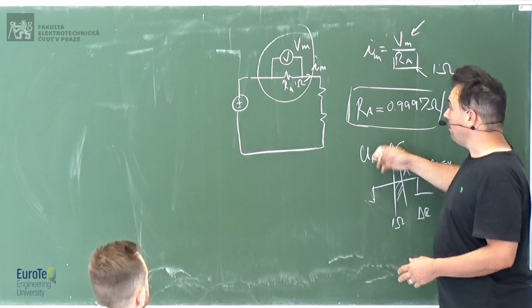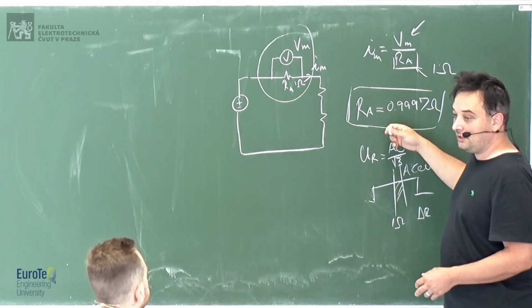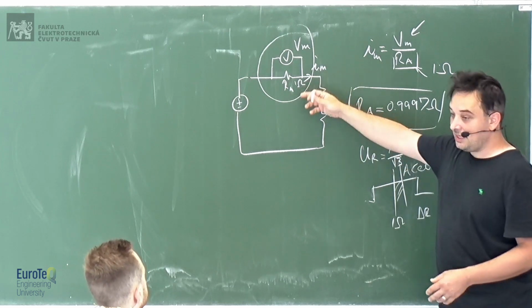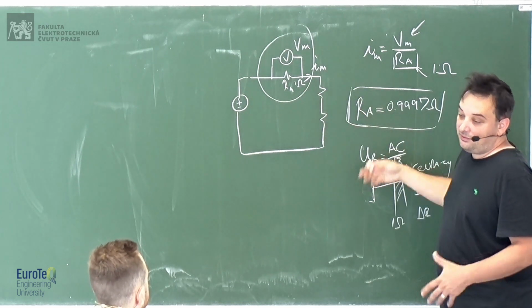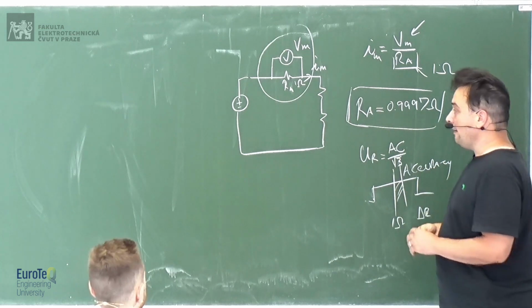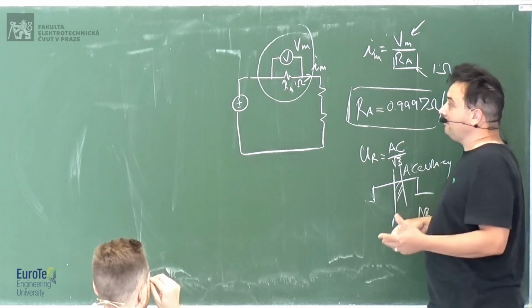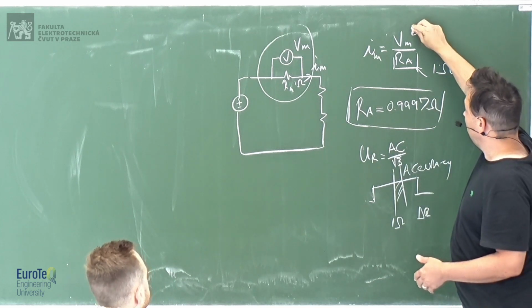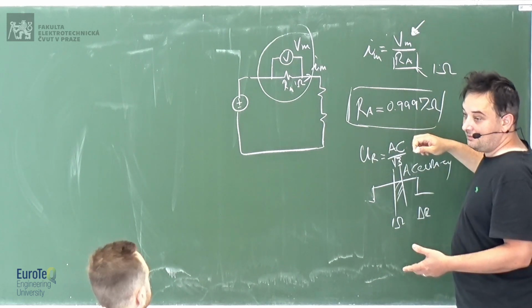Okay. So you have larger or smaller resistance. For the same current, you have larger or smaller voltage, and therefore you get a different value. So now we have another source of uncertainty: the uncertainty of the voltage itself.